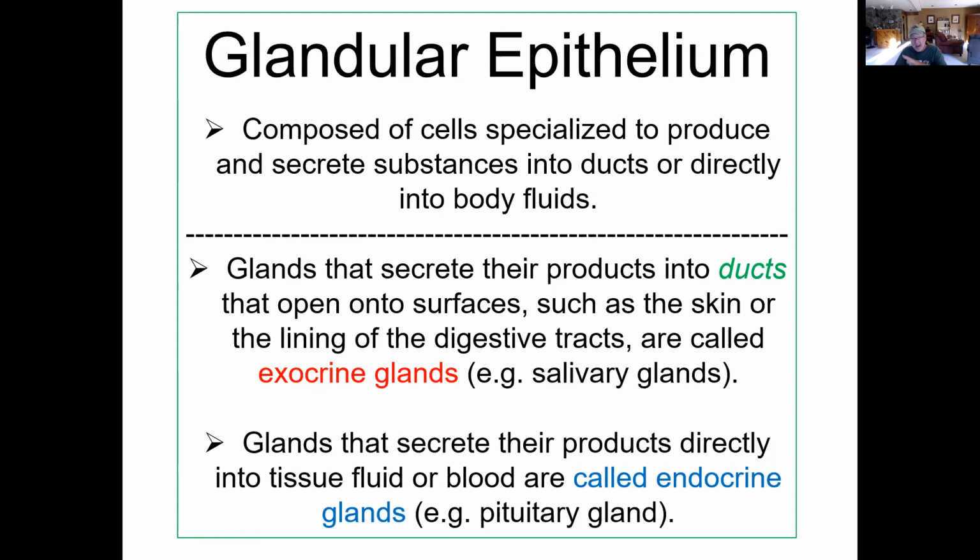Now compare and contrast that type of glandular epithelium to the type that produces its secretions and dumps them not into ducts that lead to some surface, like the inside of your small intestine or the surface of your skin, but rather these are dumped obviously here into blood. That's the primary body fluid or tissue fluid that I think about.